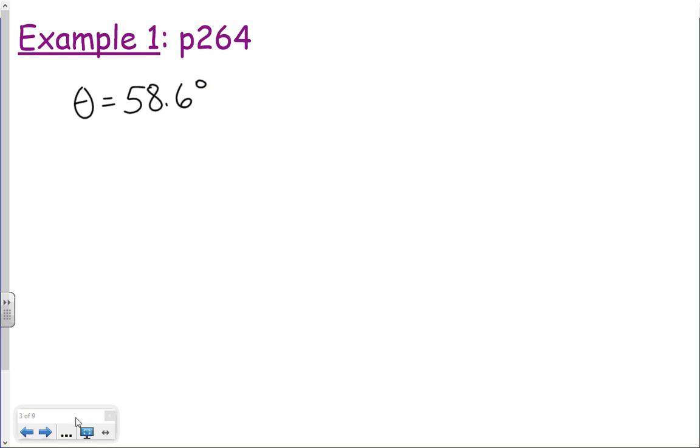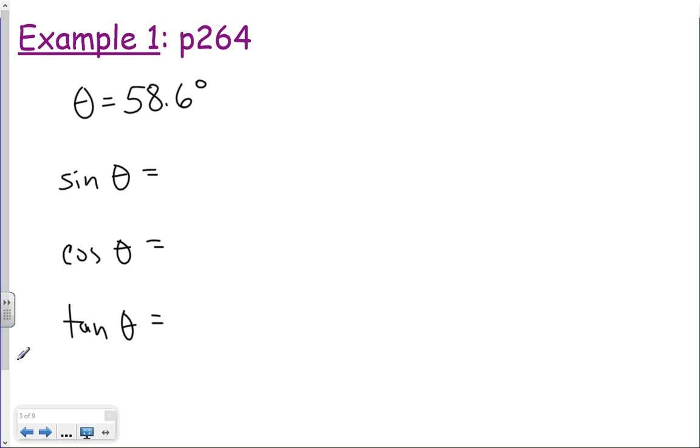And that way I can just simply use theta here as I write this out. What they're asking us to find here is what the sine of theta is equal to, what the cosine of theta is equal to, and what the tangent of theta is equal to. All right, and then we'll deal with those three first, and then we'll deal with the reciprocals or the other three trig functions in just a second.